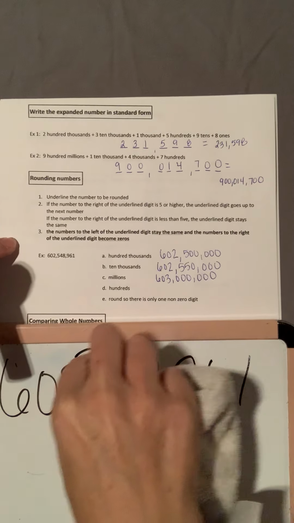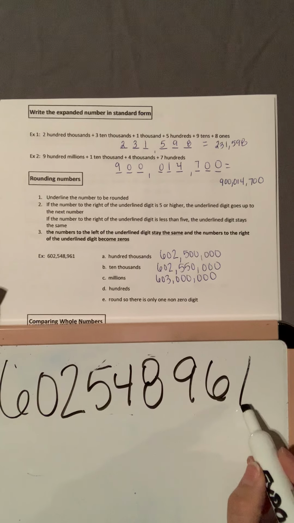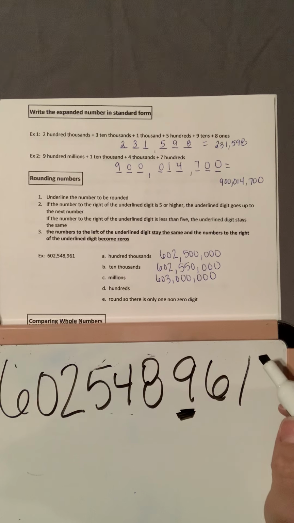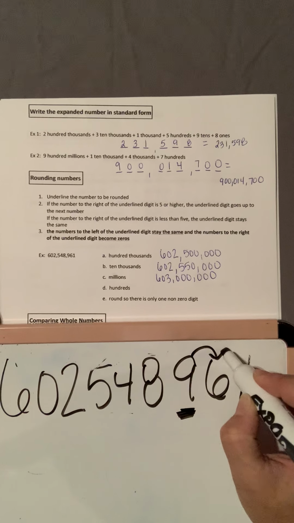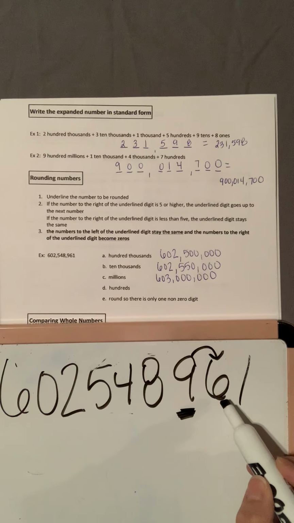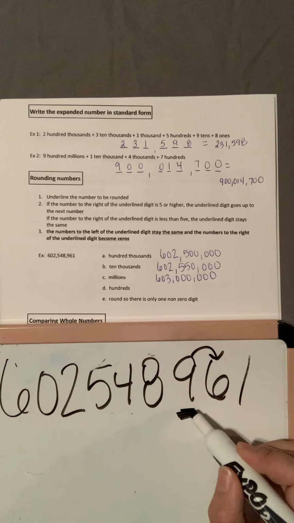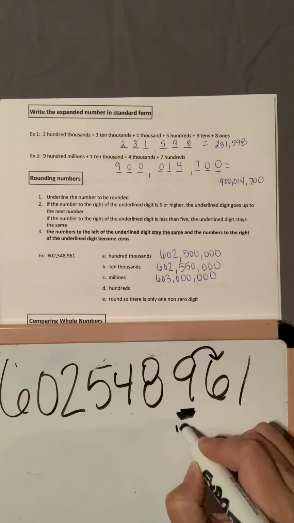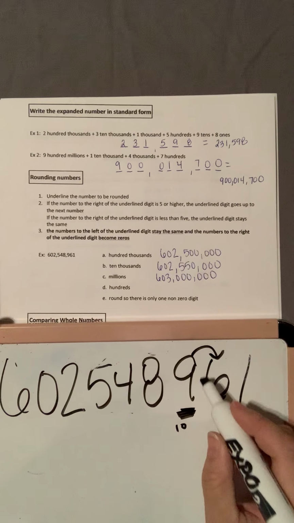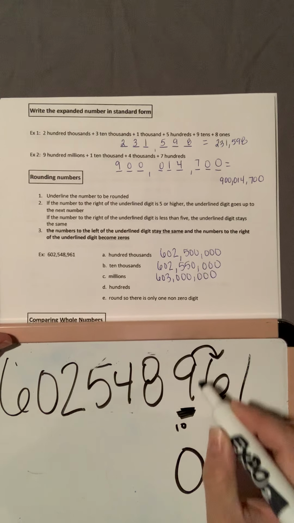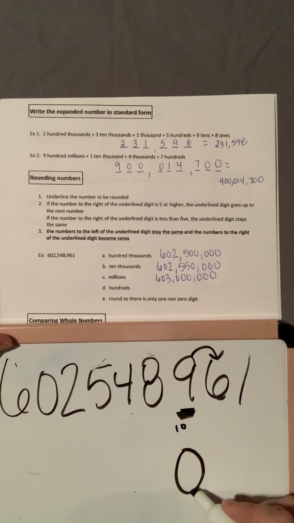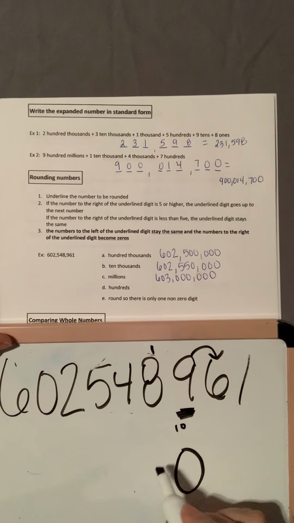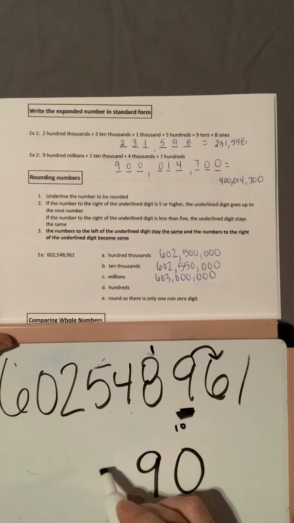Okay, let's round to the nearest hundreds. Ones, tens, hundreds. Okay, this one. The number to the right of it is 5 or higher, which means the 9 has to go up. The only number it can go up to is a 10. So what you're going to do is put the 0 in the spot of the 9, and then the 1 is going to carry over to the 8, and that's going to become a 9.